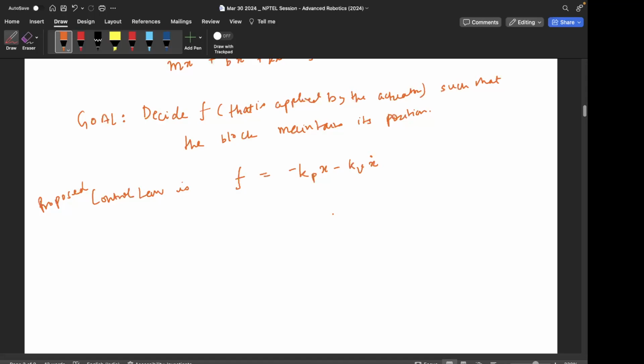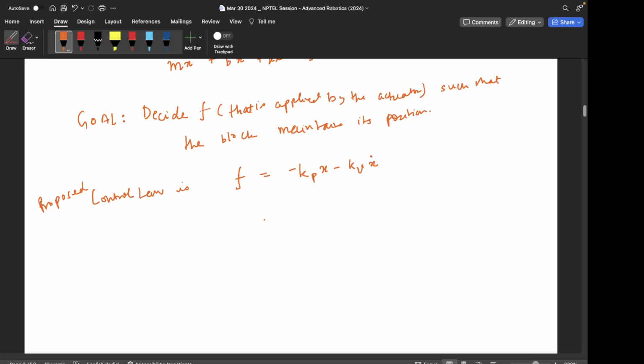If you look closely, this resembles a proportional derivative control law, a PD control law, right? In which we multiply gains with the position and velocity of the system.